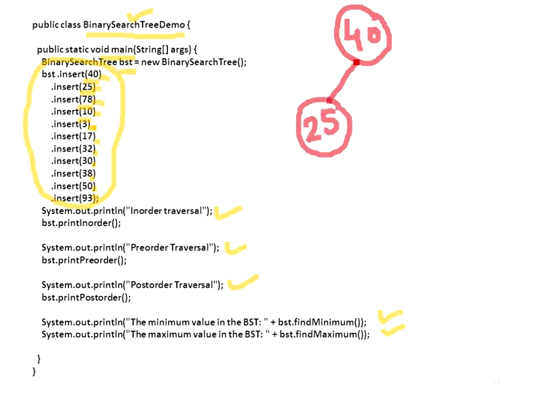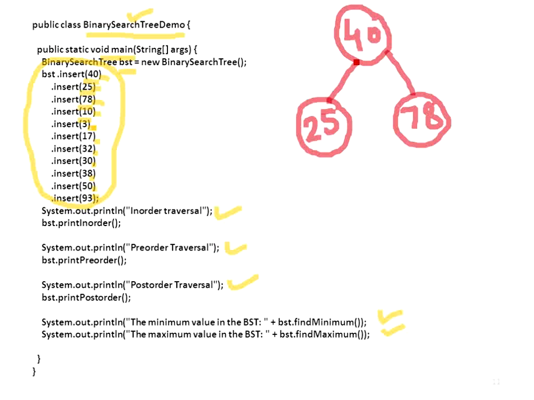Yes, good. And after that, you have 78. So 78 will be towards right, yes, good. So here you have 78. Now you have 10. So where will 10 be?